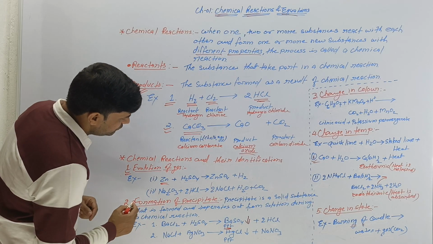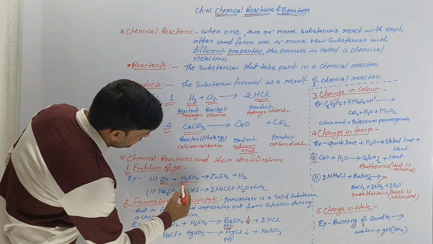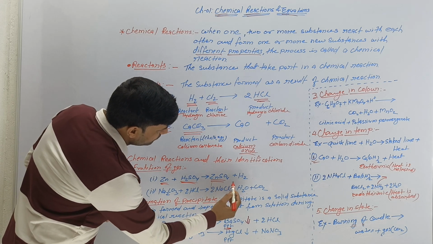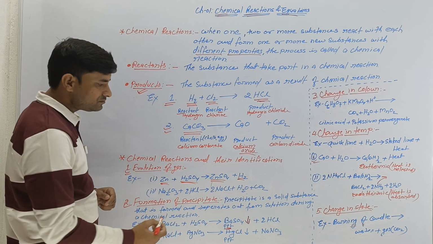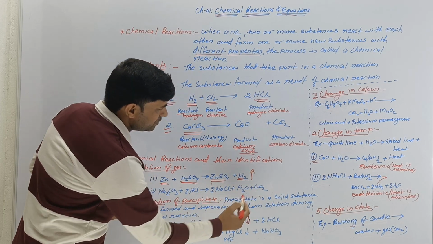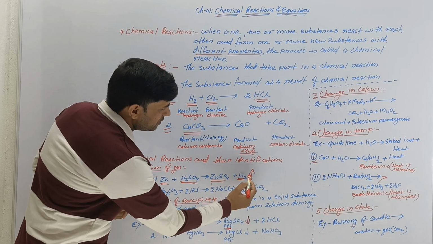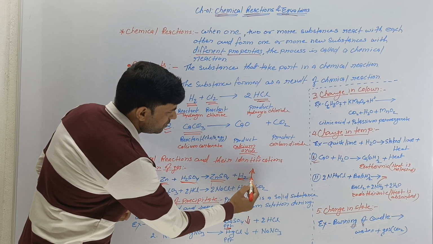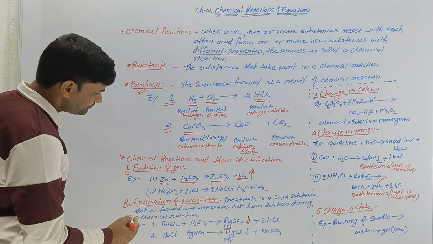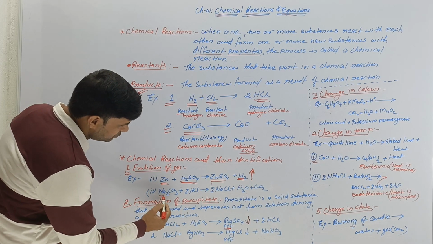When zinc reacts with H2SO4, it will form ZnSO4 plus H2. In this reaction, H2 is a gas, so we can show the hydrogen as a gas with the help of an upward arrow. Another example is Na2CO3.